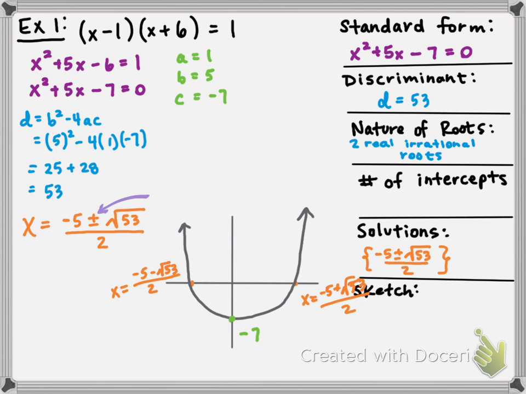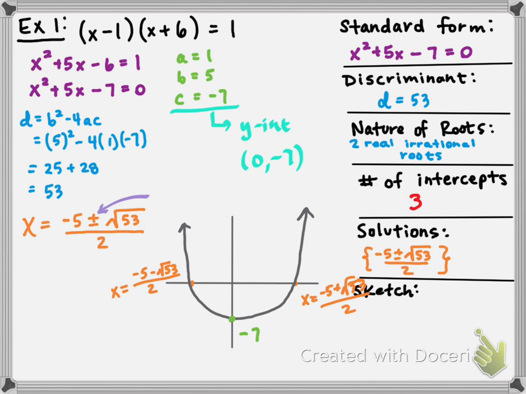Remember, as we learned in lesson 25, a c value actually indicates a y-intercept, at 0, negative 7. So when it asks me the number of intercepts for this problem, looking at my picture, do you agree that the answer is 3? I have 2 x-intercepts and 1 y-intercept, and we have answered all the questions.